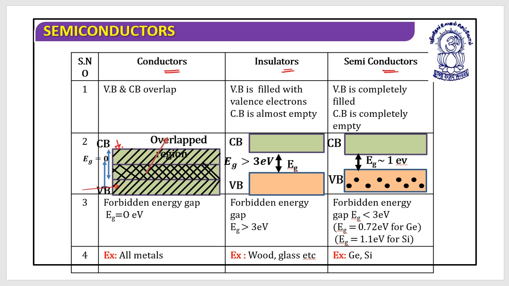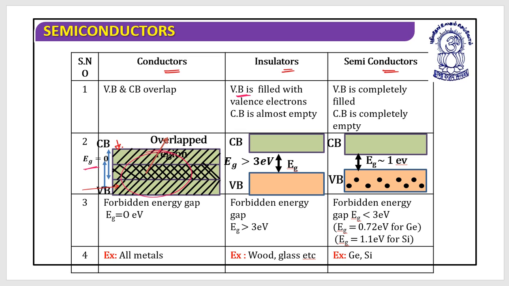In conductors, the valence band and conduction band overlap each other, so the forbidden energy gap is 0 eV. That means all the electrons can easily move from one band to another, so they are always ready to conduct, and that is what a conductor is all about.